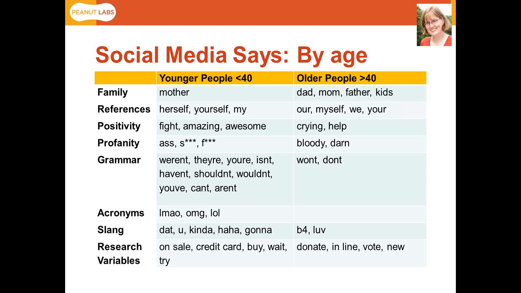So based on what we've seen so far, it's clear that there are inherent demographic differences between how men and women communicate online. The differences are slight. You can't just go out there and say men are this, women are this. The differences are slight, but they are there.